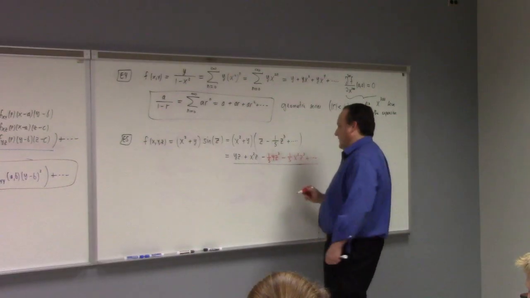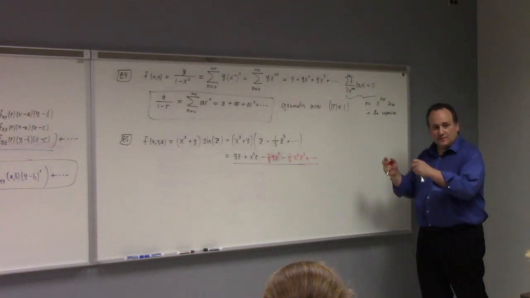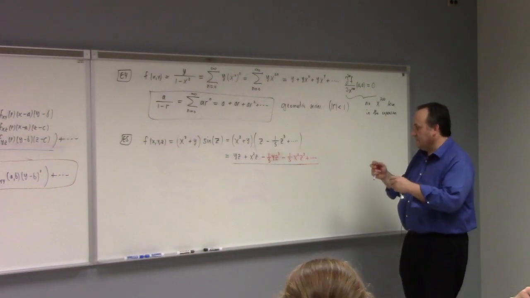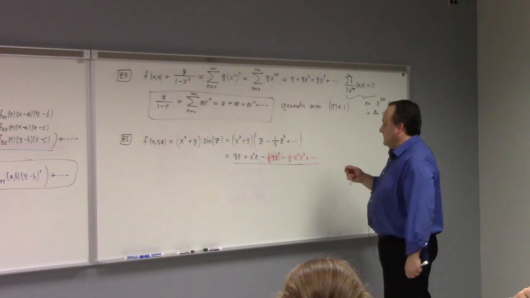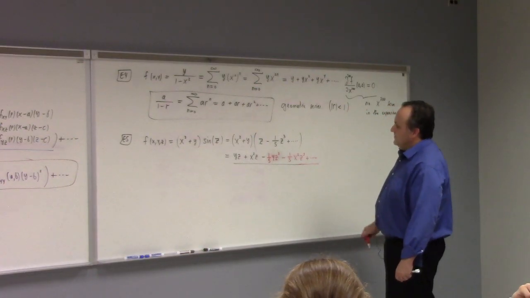Maybe I should write down all four products. Yes, uh-oh. Why is it a fifth instead of a third? Oh no, a fifth instead of a third. That's a good question.